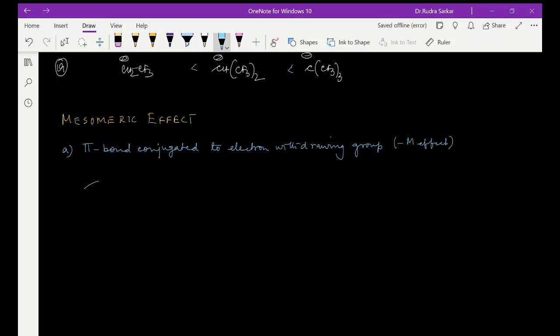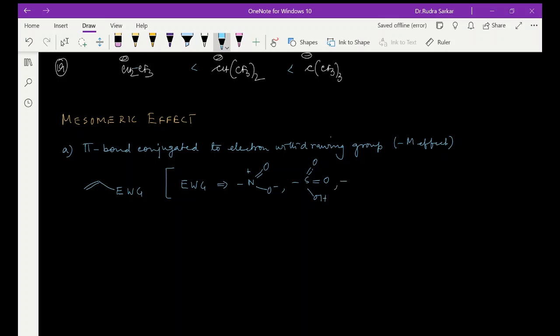the condition is that you have a pi bond and it is joined to an electron withdrawing group, and the electron withdrawing groups can be as follows, such as the NO2 group. You can also have the SO3H.